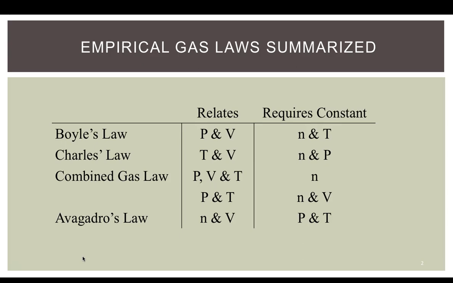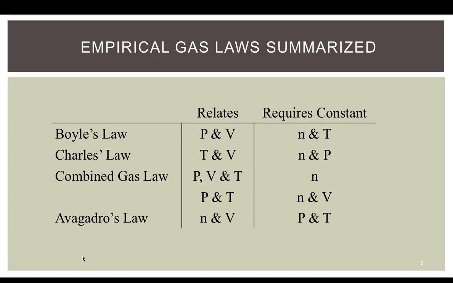The last one that we talked about was Avogadro's law. The same guy who we get the name for Avogadro's number related the number of moles and volume, in which volume and moles were directly proportional as long as P and T were held constant. And so we had basically a bunch of equations that described the behavior of gas under very specific circumstances.